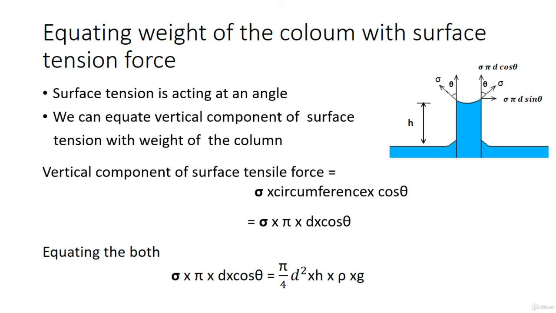Equating both the weight of the column and surface tension force, we get the equation sigma into pi d cos theta is equal to pi d square by 4 into h into rho into g, where the first component is the surface tension force acting in the vertical direction and the second component is the weight of the liquid column acting in the downward direction.